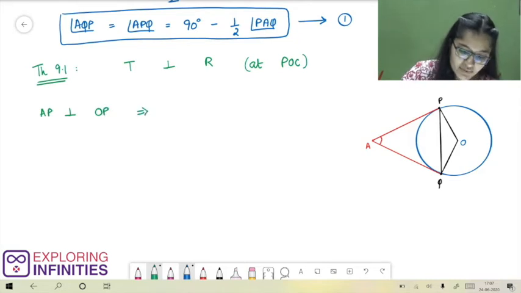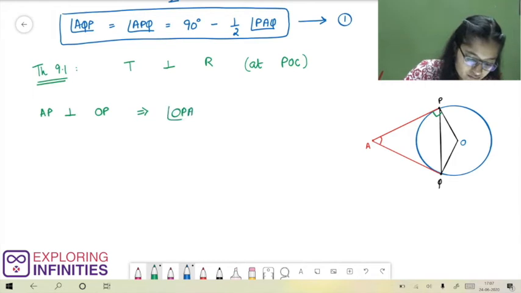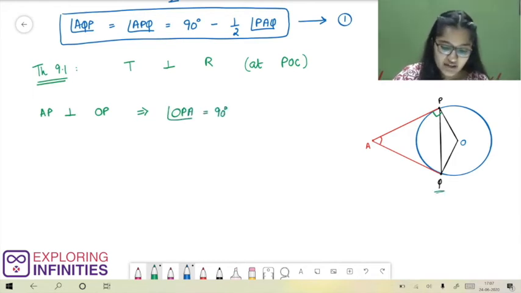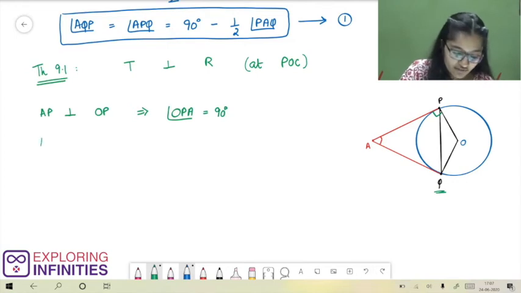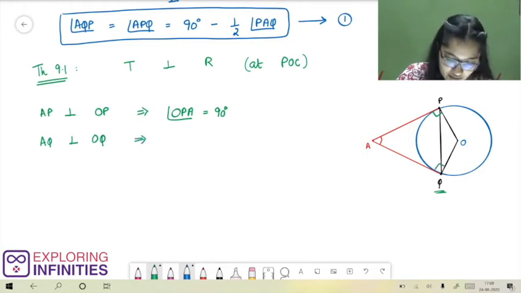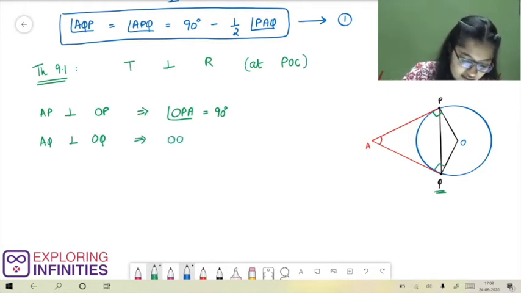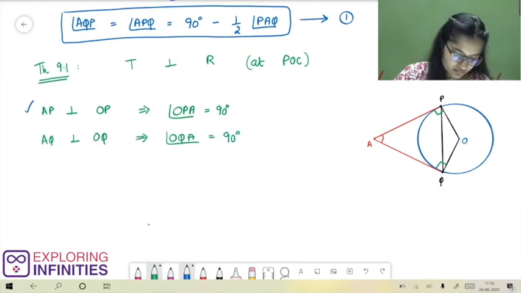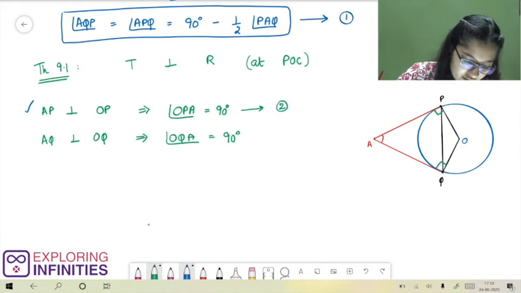That implies angle OPA would be 90 degrees. Then at point Q, we can write that tangent AQ is perpendicular to radius OQ. So we will have angle OQA is equal to 90 degrees. Let this be equation 2 and let this be equation 3.